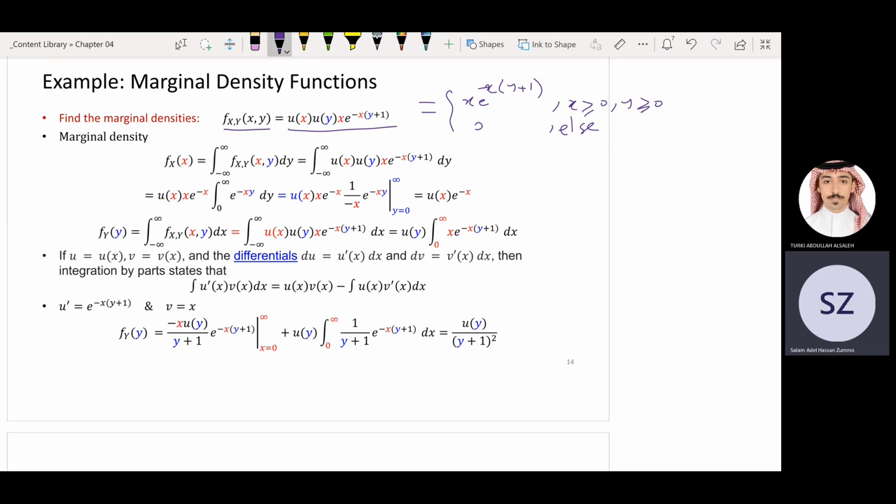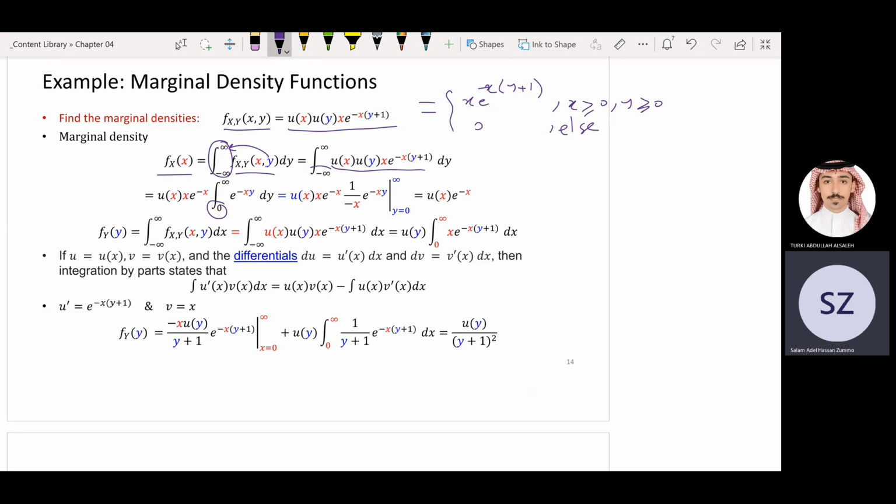So now, in order to find the marginal density for x, you integrate with respect to y, from minus infinity to infinity. So simply you write the joint PDF and integrate with respect to y. Now when you replace the u of y, the limit becomes 0.